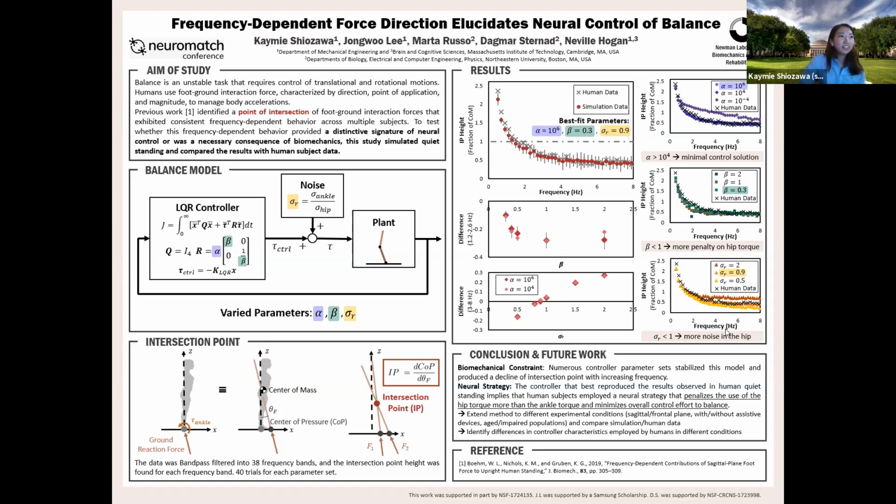So I think that could be a result of just simulating using actuation noise here. So perhaps an important next step could be to add sensory noise to account for all sorts of different noise inputs.